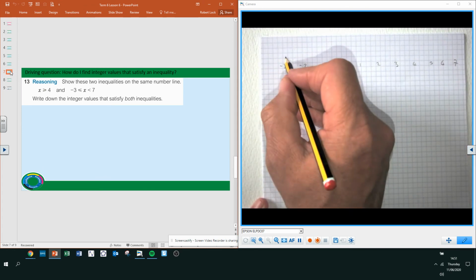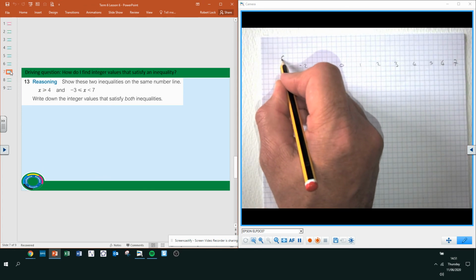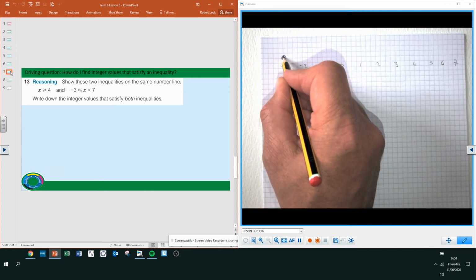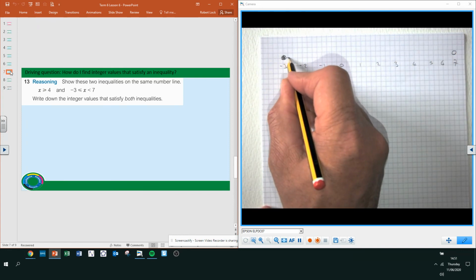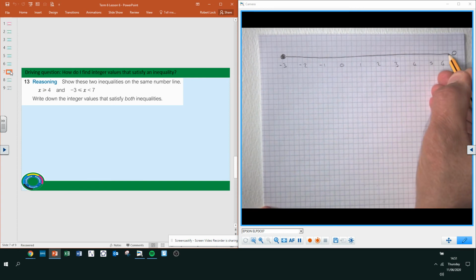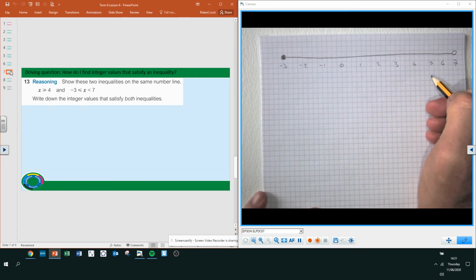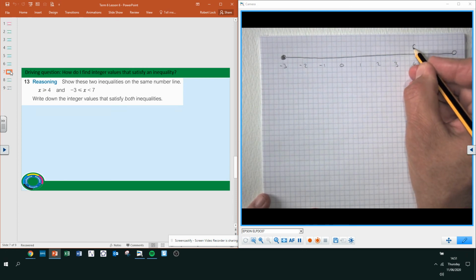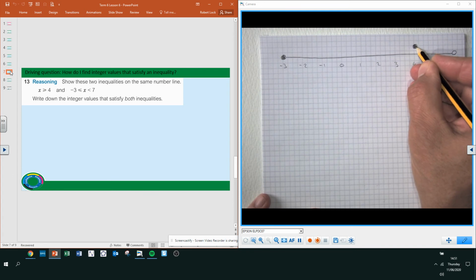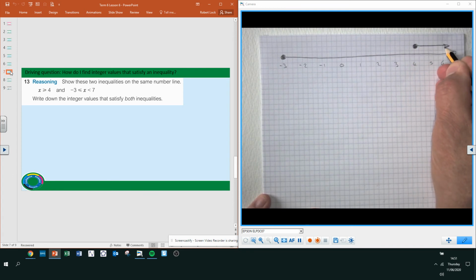So for the first one, we put a line at 7. X is greater than or equal to 4. Here's 4, fill in the circle, and it's greater, so it'll be going that way.